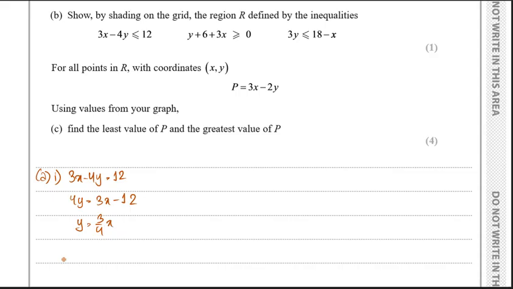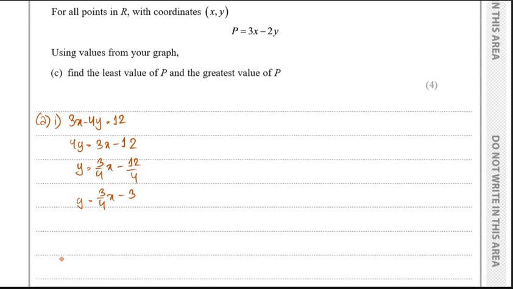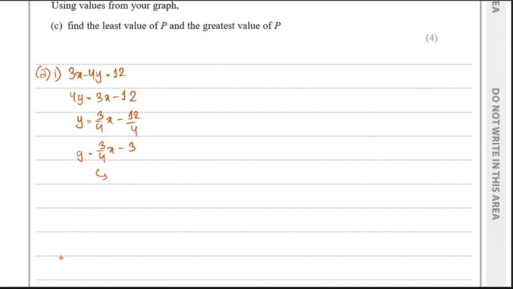So this is 3 by 4 x minus 12 by 4. So this would be y equals 3 by 4 x minus 3. So when x equals 0, y equals minus 3.